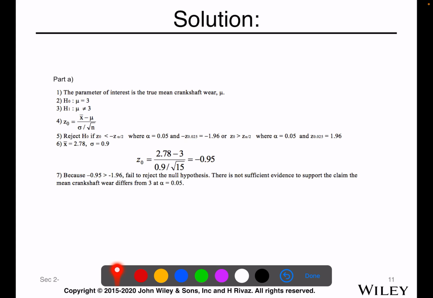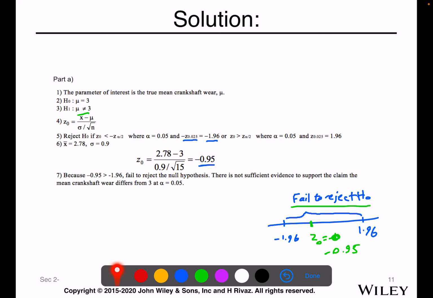So I don't think I have the table here, no. If you look at this number in the table, this is around minus 1. So I would think the p-value that we get, with z equal to minus 0.9, does anybody have the table? No?